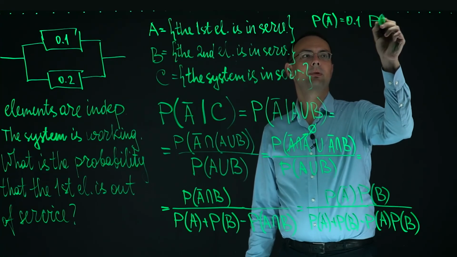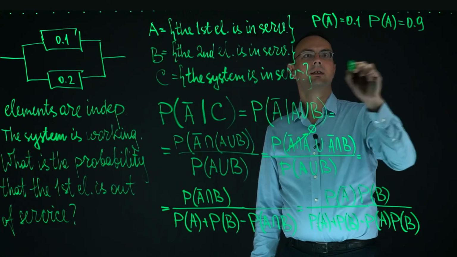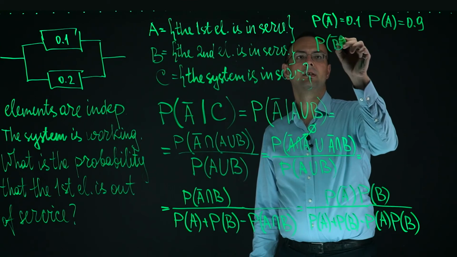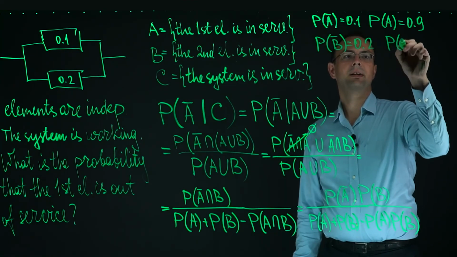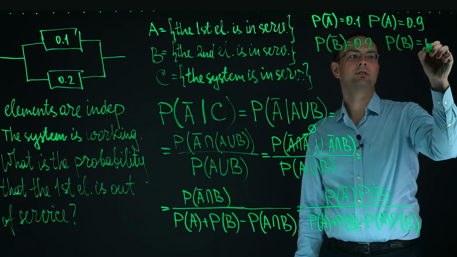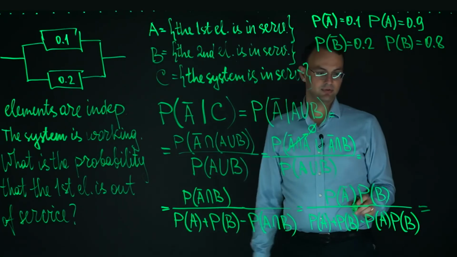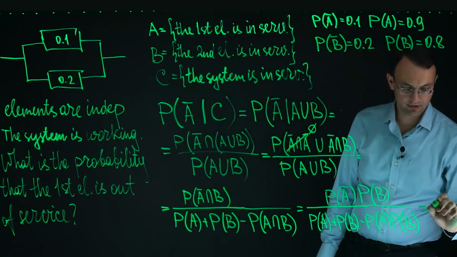That means that probability of A is 0.9. Probability of not B is 0.2. Then probability of B is 0.8. And so now we substitute these numbers to this formula.